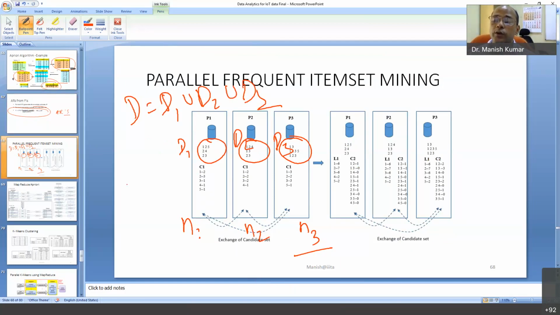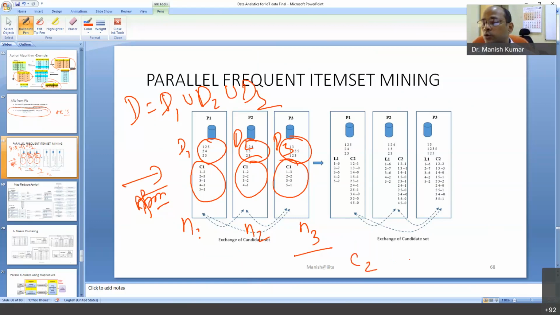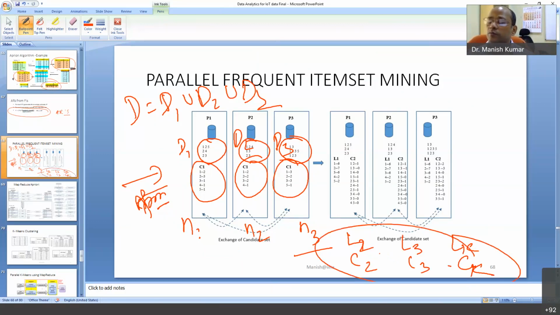So what we do is apply Apriori and generate candidate sets for this. This is candidate set 1, then I'll go for 2, 3 and K, and similarly L2, L3 and LK. Normally in one go Apriori executes all these.